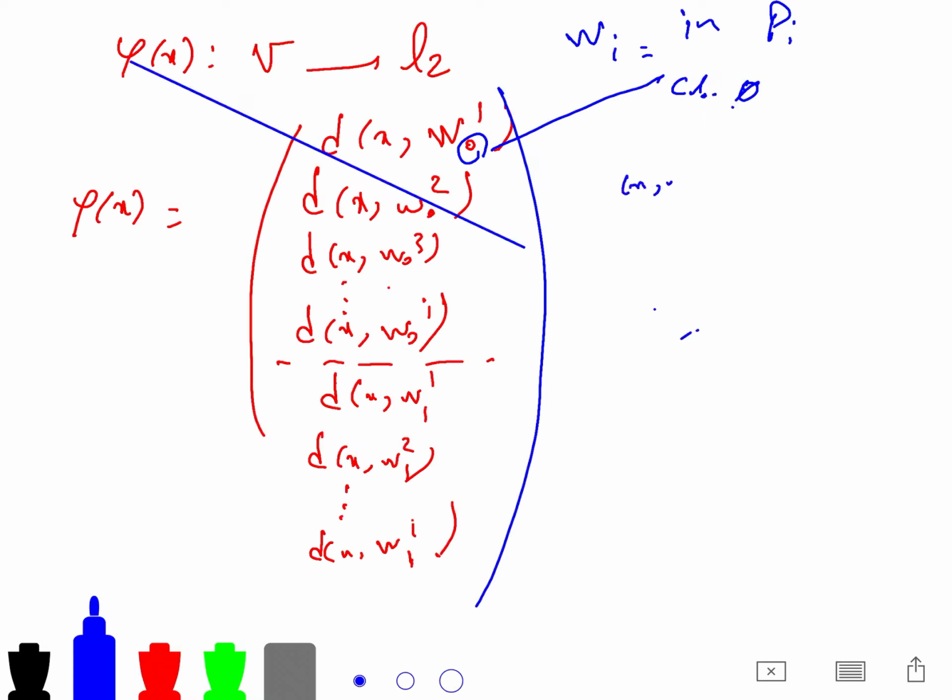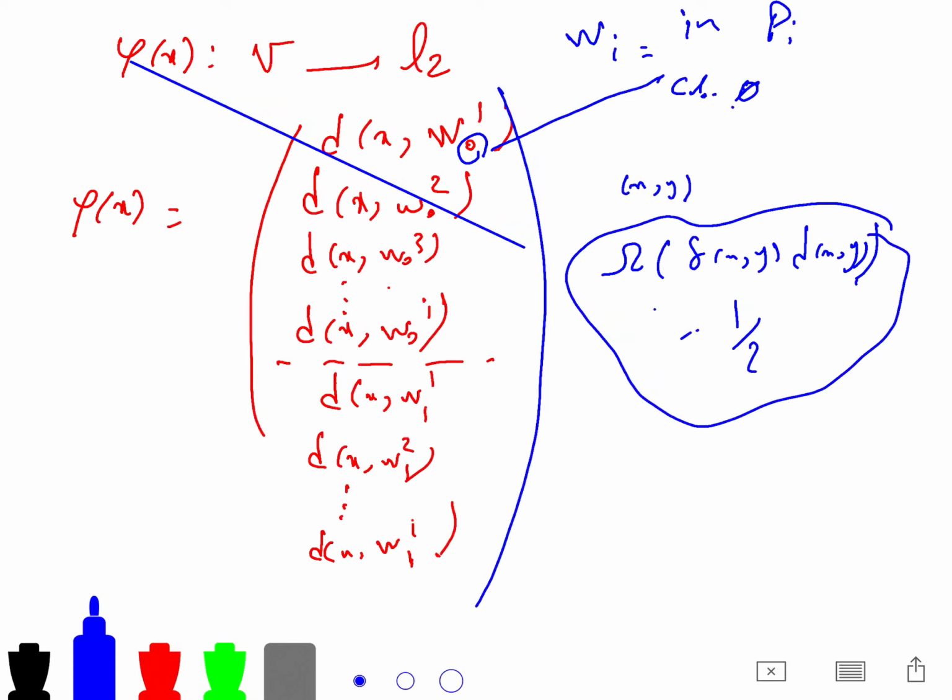And any pair X and Y gets a distance of delta by construction of this algorithm. It gets a distance with probability 1/2, since the probability that Ci of X and Ci of Y get different colors happens with probability 1/2.